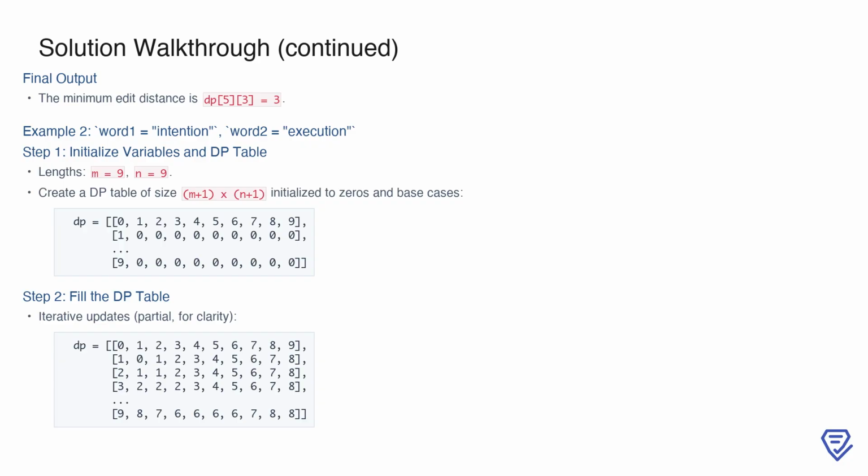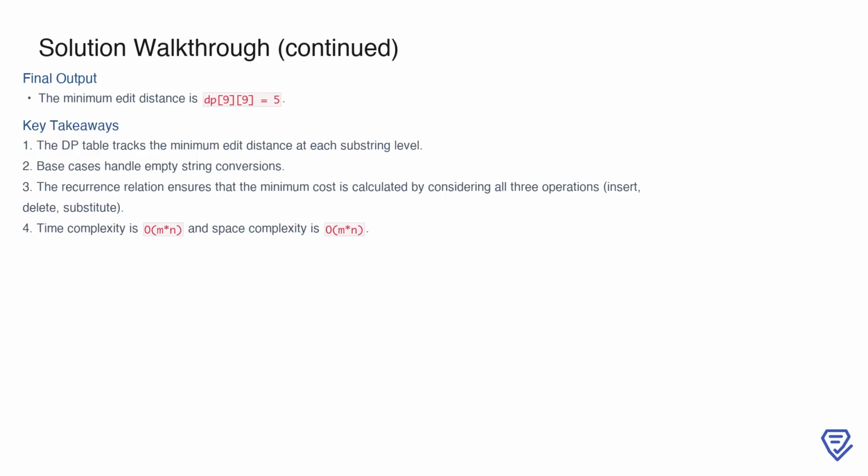The table updates progressively, and each cell represents the minimum cost to convert the corresponding prefixes of the two strings. This process ensures that we account for all possible operations at each step. At the end of the computation for the second example, the value in DP[9][9] is 5, which represents the minimum edit distance between intention and execution.